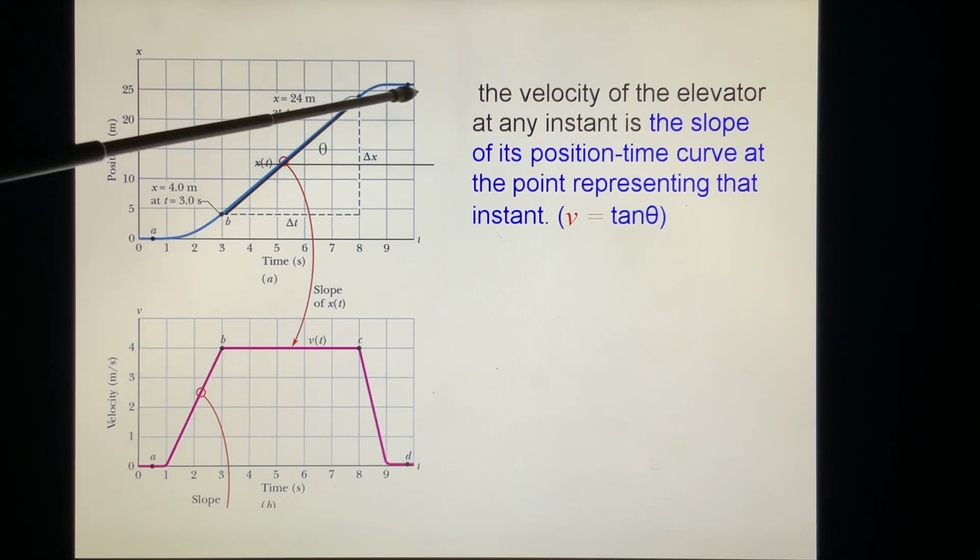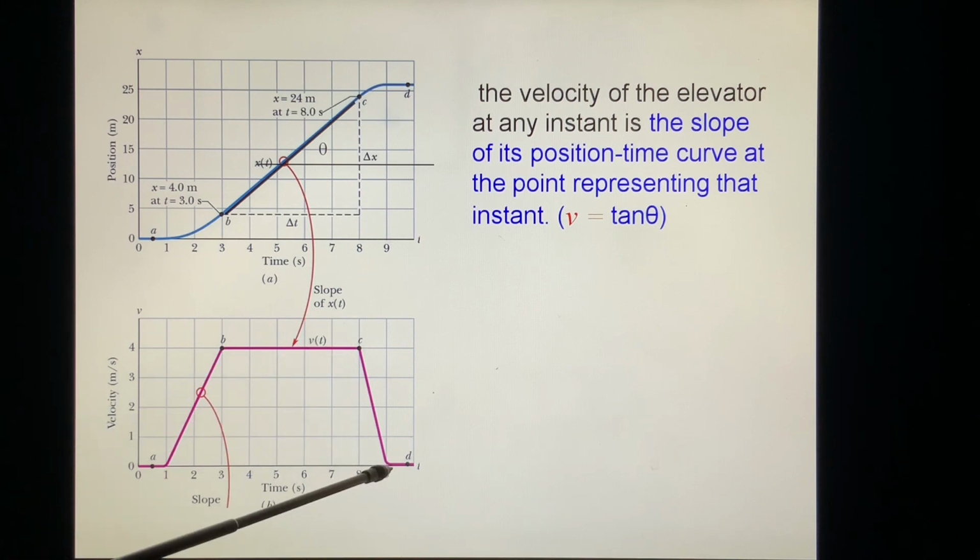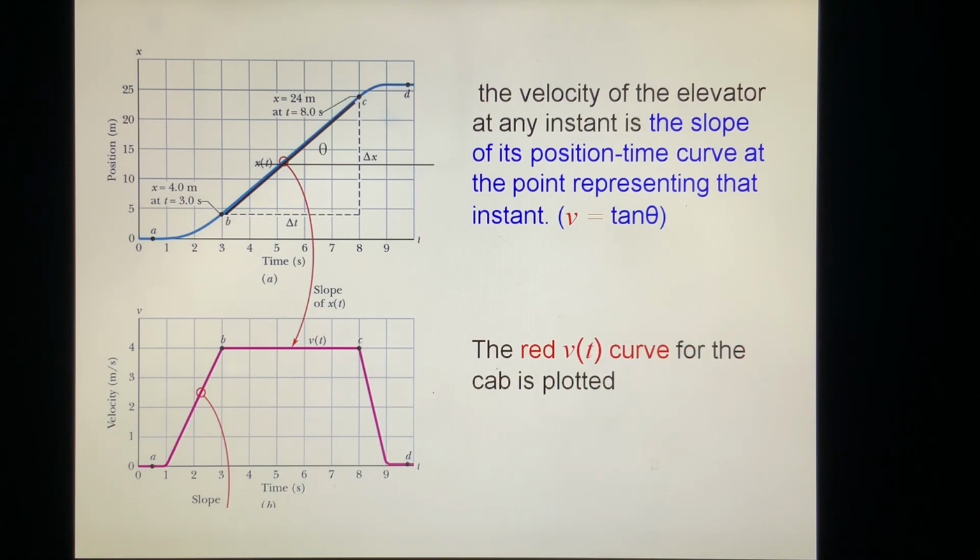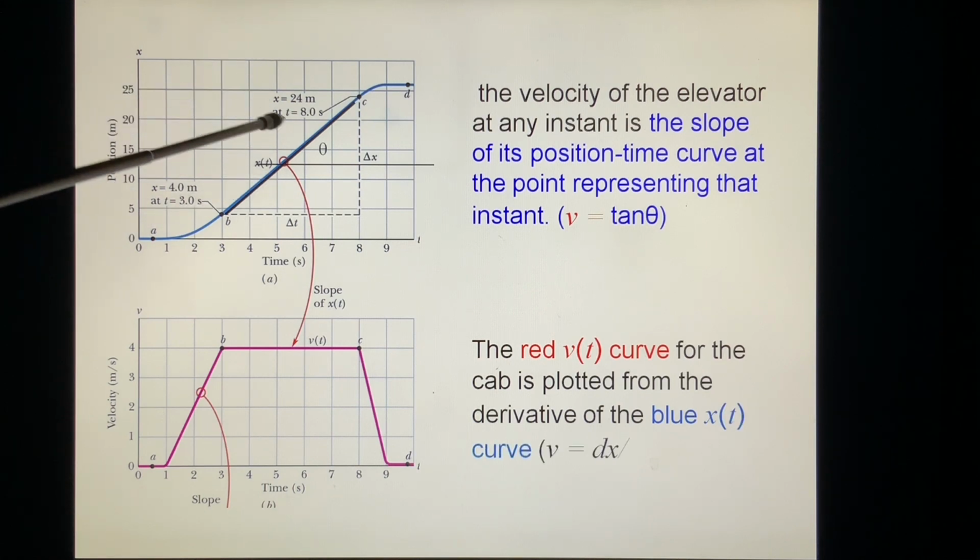And in this area, v decreases linearly until it stops. So this is velocity. The red v curve for the cab is plotted from the derivative of the blue curve.